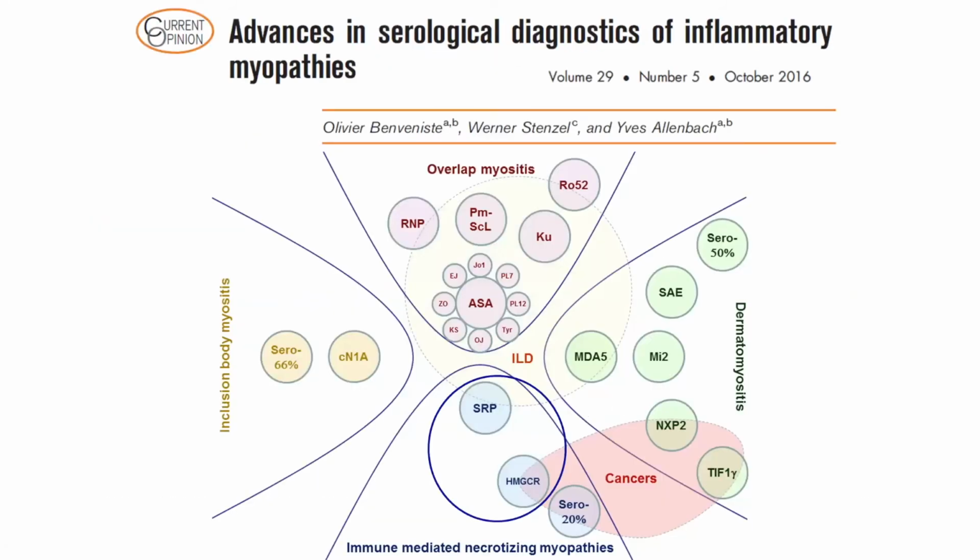So now I would like to highlight the fact that the pathogenesis in these different subgroups is really totally different. And we will start with immune-mediated necrotizing myopathies with anti-SRP and anti-HMGCR.